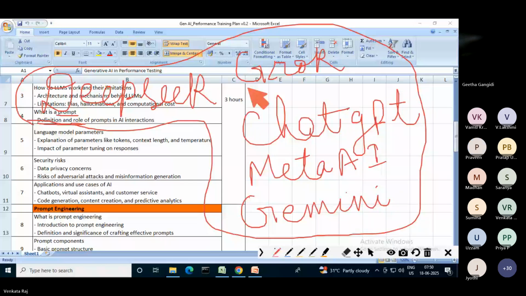X, previously known as Twitter, right? Meta AI is from Meta. Whenever you use WhatsApp nowadays, you have Meta AI in place. So these are all different AI models, and you can interact with them.